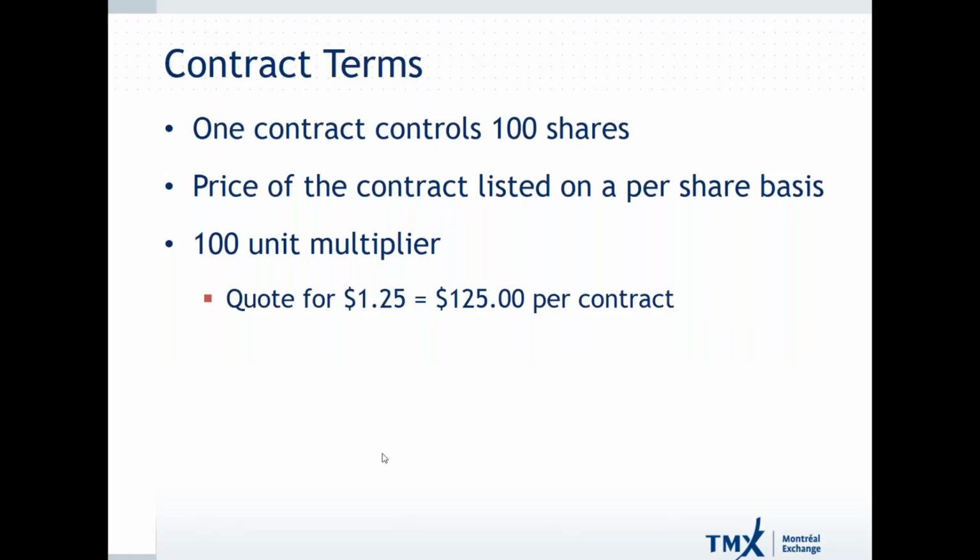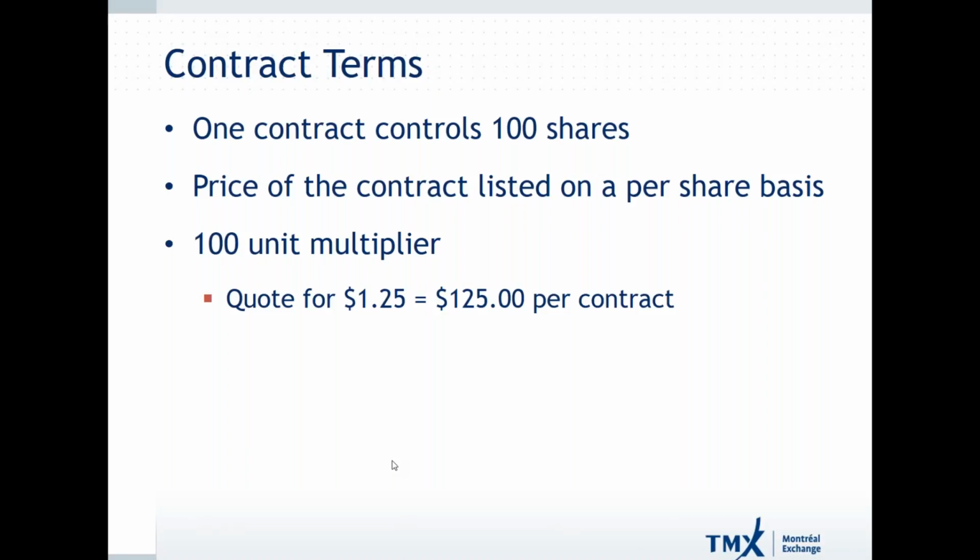So we really want to make sure that we remember our contract specifications. One option contract controls 100 shares of the underlying security. So what that means is that if I own 100 shares of a particular stock, well, if it's options eligible, I could sell one option contract on those 100 shares, and it would be considered a covered call. My obligation to deliver the shares represented by the option contract is covered by the 100 shares that I own.